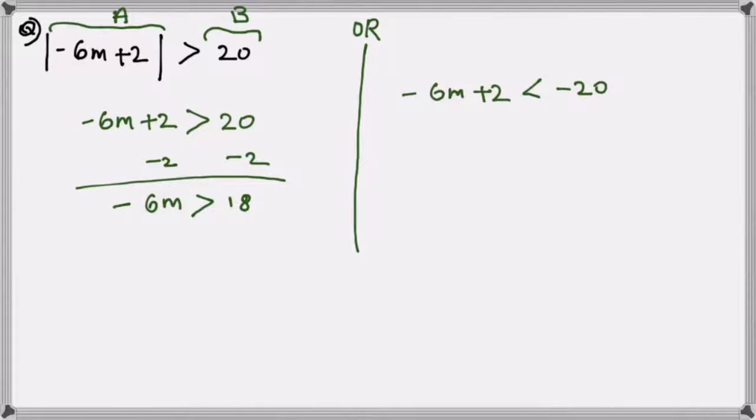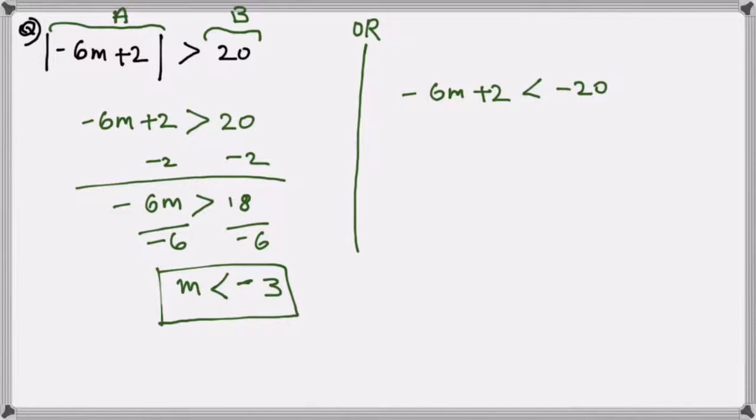So here's the thing. When you're dividing with negative 6, this reverses. This greater than becomes less than because you're dividing with a negative value. So this would become m less than negative 3.